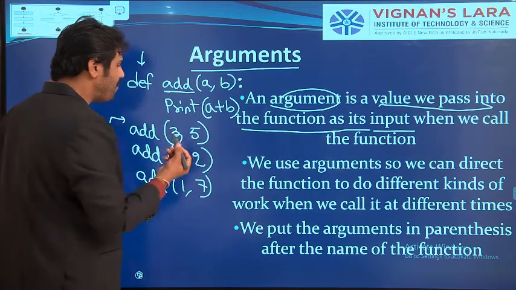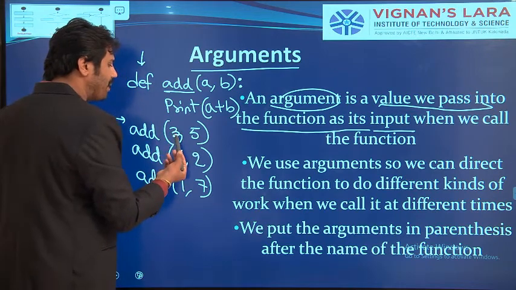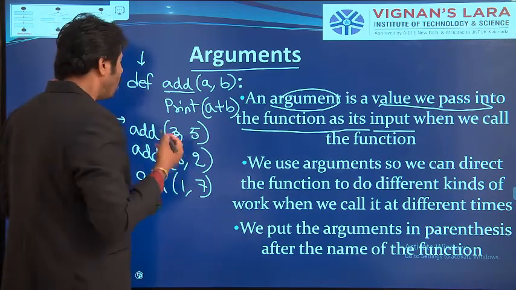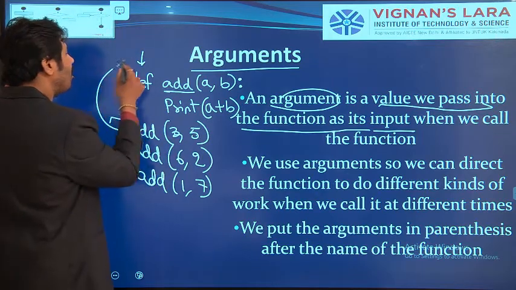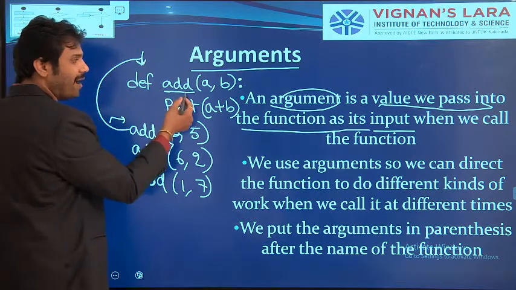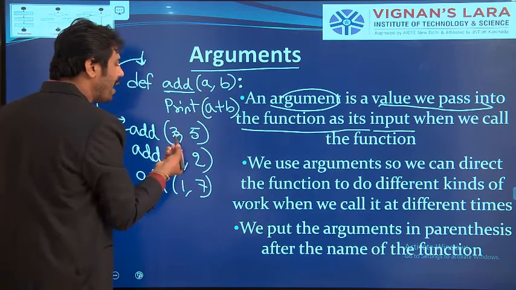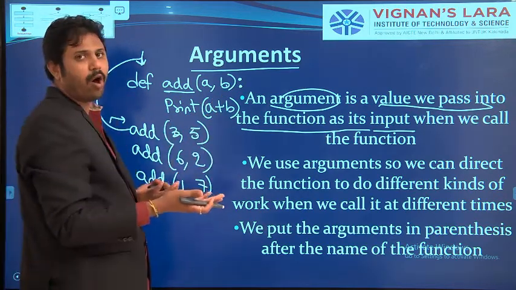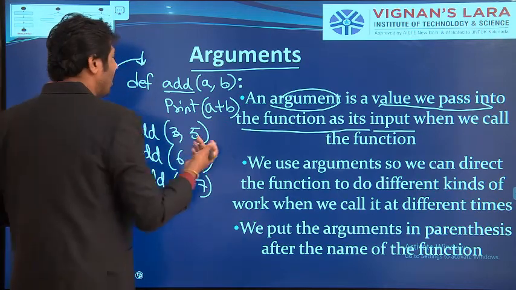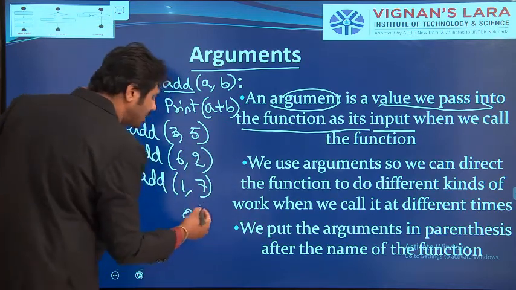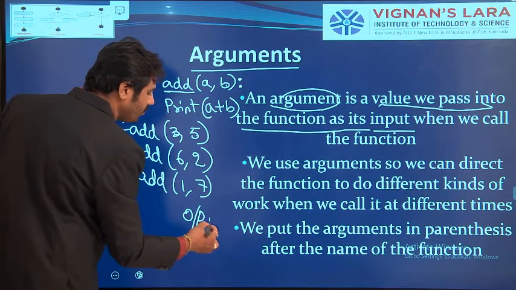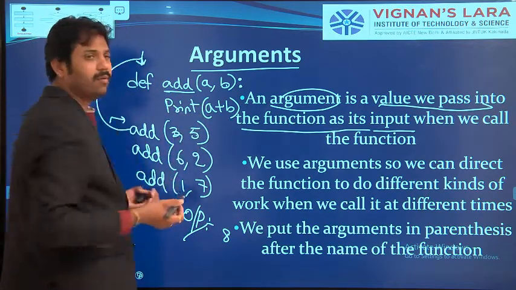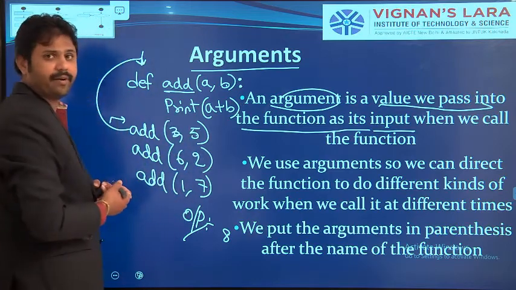For the first time, I perform addition between 3 and 5. It calls this function. In place of a it is 3, in place of b it is 5. Then it performs addition and returns the output 8. 3 plus 5, 8.